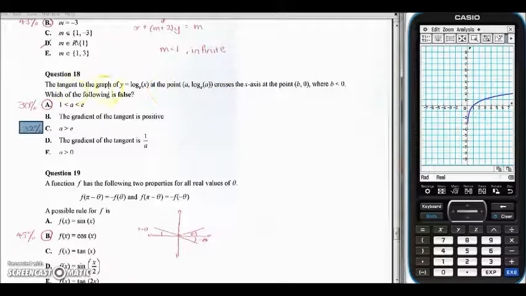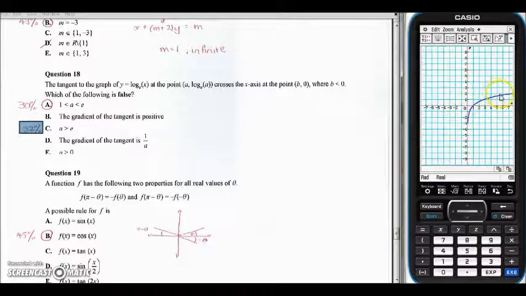I'll make it nice and big. So the tangent to the graph at the point (a, log a), if we draw a tangent at any point on the graph, we want to draw it so that it crosses the x-axis at the point (b, 0) where b is less than 0. In other words, we want to draw a tangent that has a negative x-intercept.